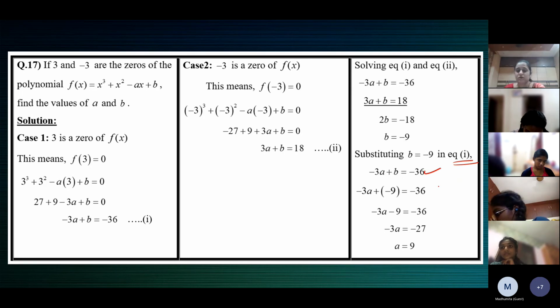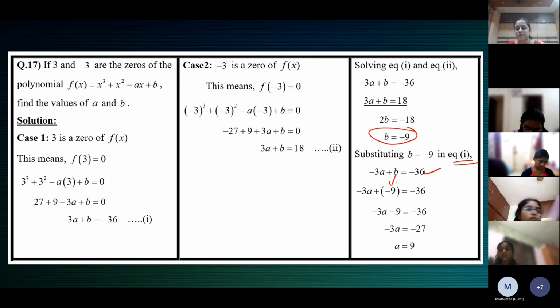Okay. So now we found the value of b, right? So instead of b, use minus 9. So what you get? Minus 3a plus minus 9 is equal to minus 36. Now plus into minus is minus. Yes, ma'am. Minus 3a minus 9 is equal to minus 36. Now when this comes here, what will happen? Plus 9, correct?